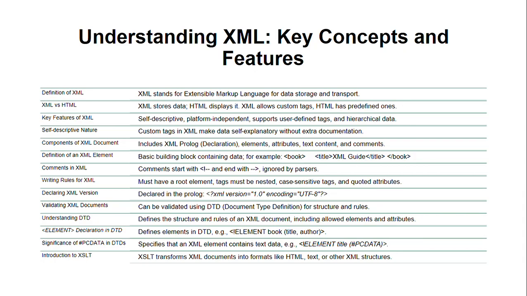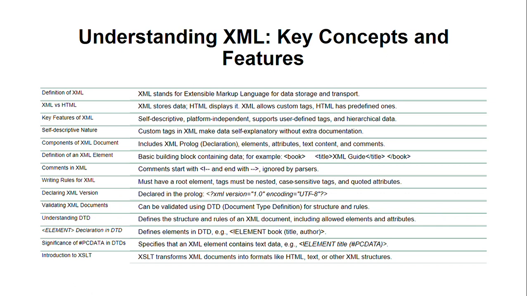DTD stands for document type definition, which gives the structure and rules for the XML. As I said, it defines the structure and rules for XML, and under it we can write the element and the attribute along with their data types.